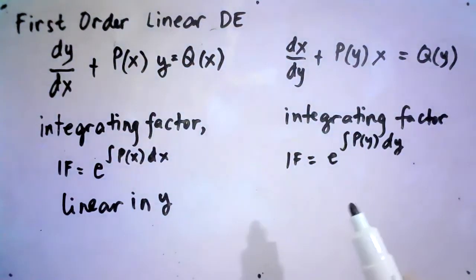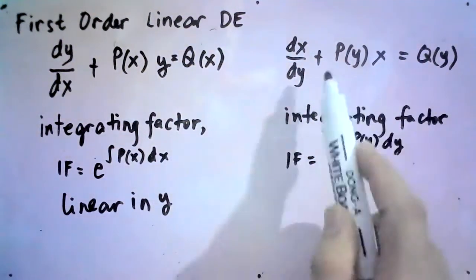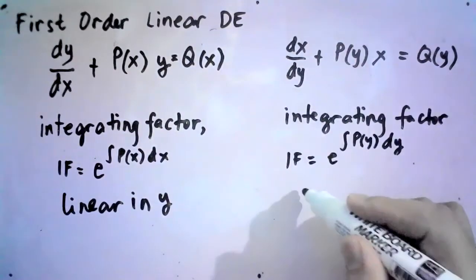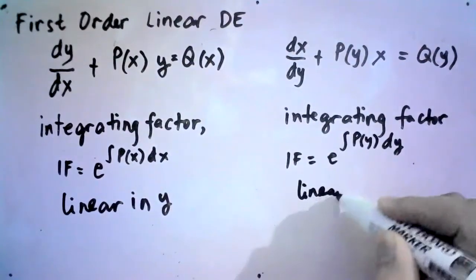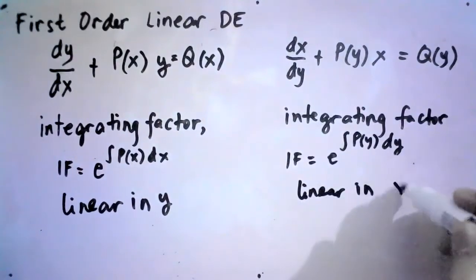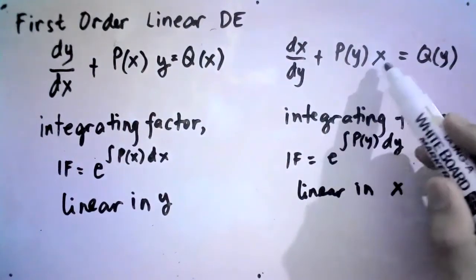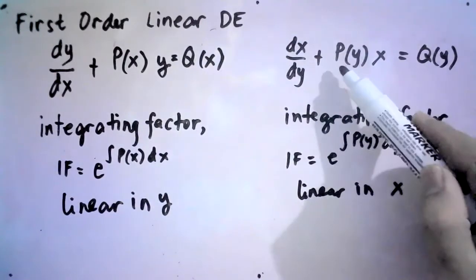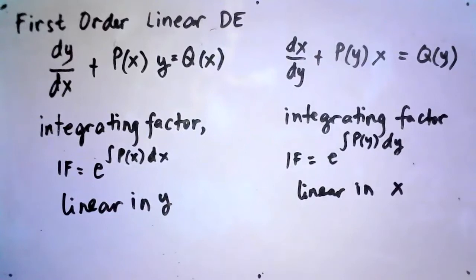However, if your equation follows this format, then we call it linear in x. We have here your x. For this case, your p as a function of y, and q as a function of y.